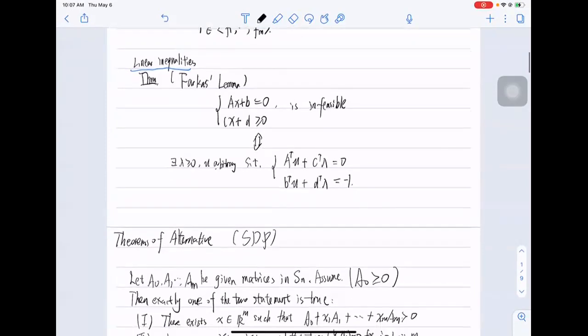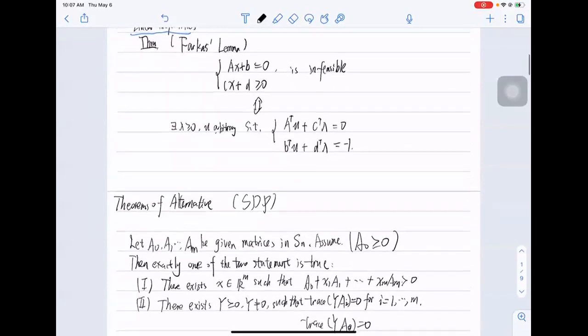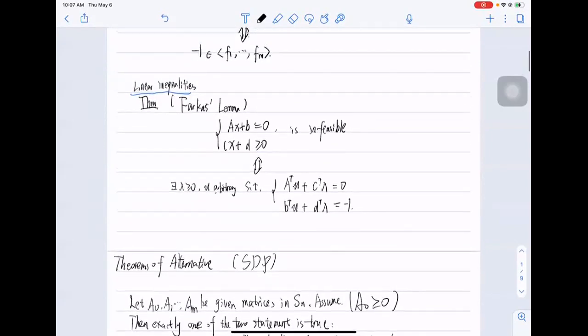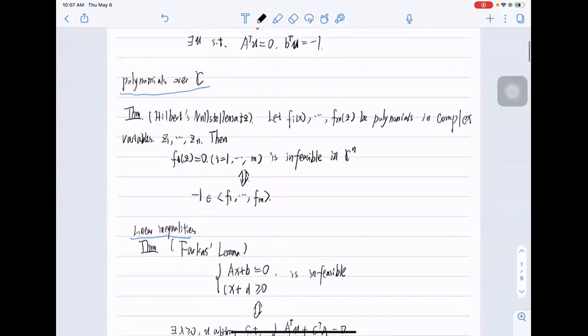There is actually a theorem of alternative in semi-definite programming. So until now we have this theorem of alternatives for linear equalities and for polynomials.